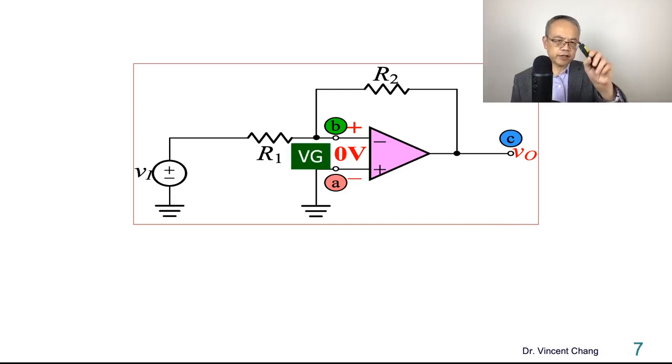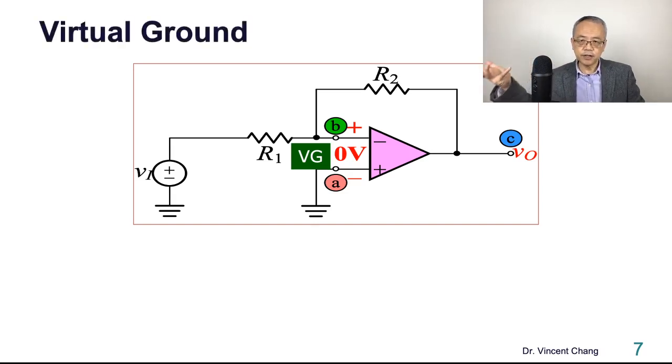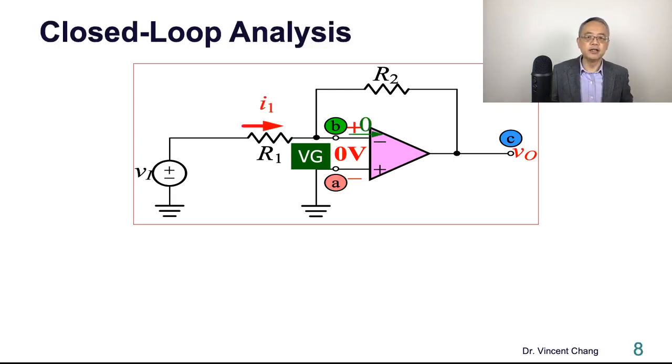In other words, the input terminal of the op-amp is not grounded, but the behavior, the voltage if you measure it, is grounded. So this type of ground is called virtual ground. So two terminologies: number one is virtual short circuit, the other one is virtual ground. So the input terminal is actually a virtual ground terminal denoted by VG.